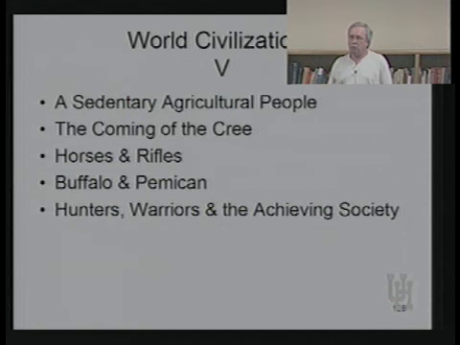Now, the important people were not those who could claim descent from earlier generations within distinguished families. They were the hunters and warriors. Those were the people that rose to prominence. Males who could distinguish themselves as hunters and warriors, fighting on horseback, hunting on horseback, acquiring more and more horses.